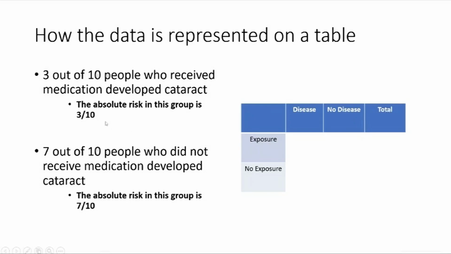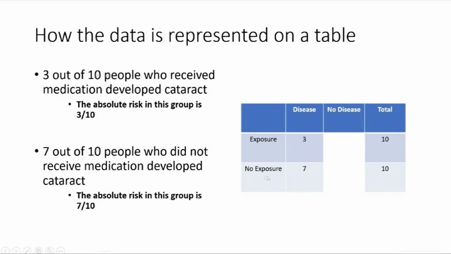Now we say 3 out of 10 in the exposure group developed what? A disease. So these ones are exposed to medication, exposed to an intervention. 3 here out of a total of 10 people had disease.